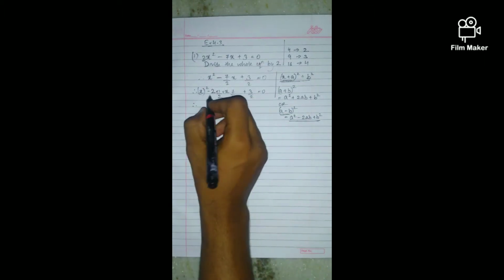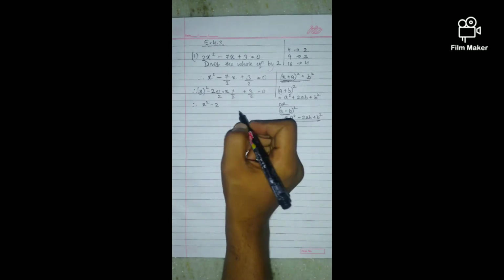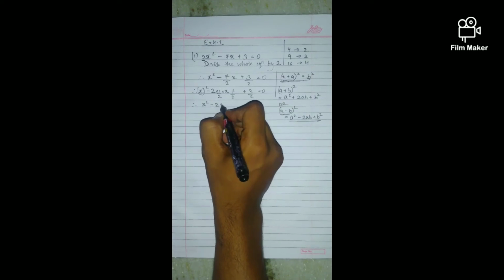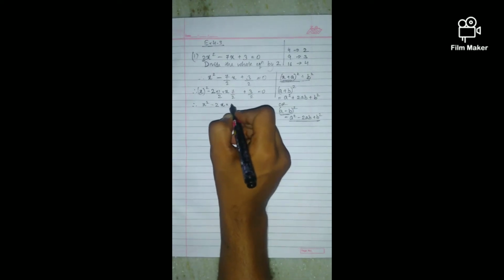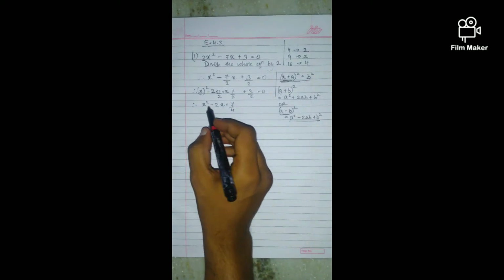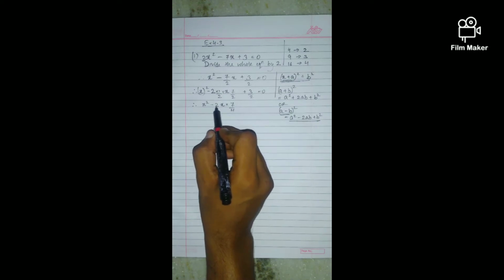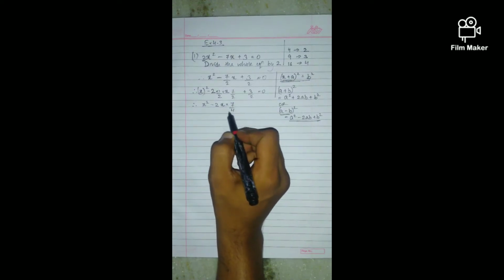So we'll write x square minus 2. We have to write a first, that is x, then multiply the denominator 7 by 4. Now the picture is much clearer. x square minus 2ab, so our b is 7 by 4.